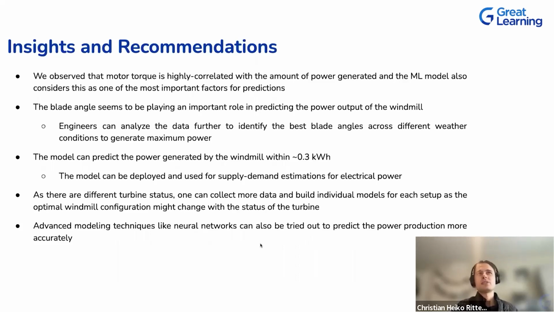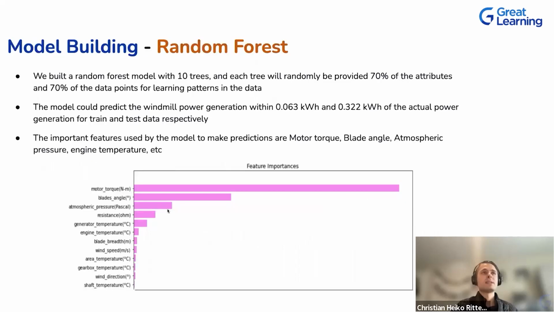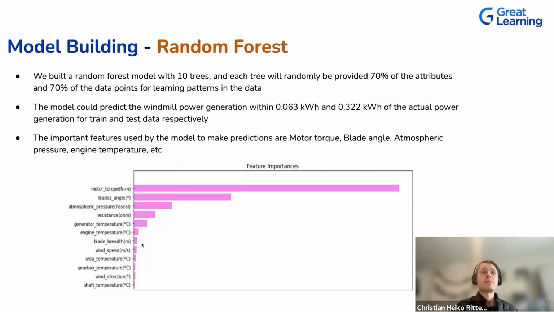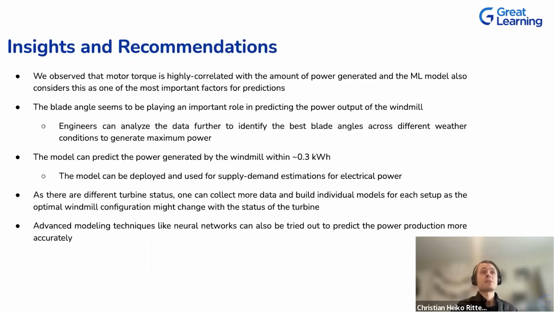We can see that through diagrams, but we also can see that through the model feature importance in the last slide, which is very high. We can also identify surprises sometimes. For example, the blade angle actually contributed quite a bit as feature importance to the prediction.